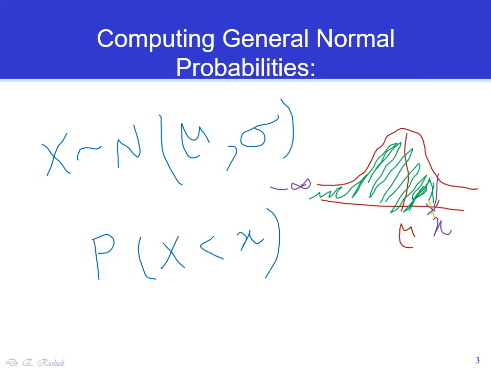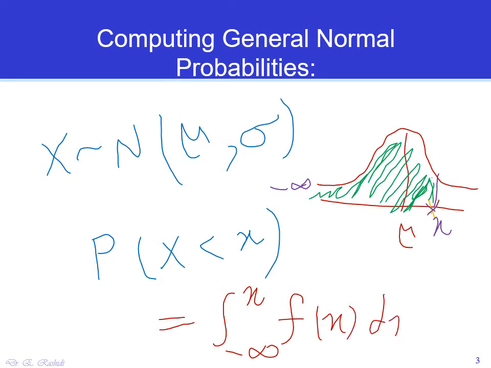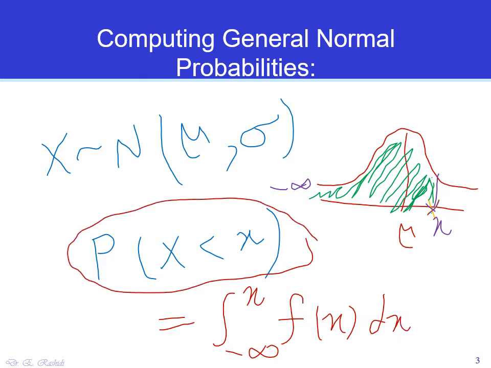The shaded area, colored in green, would be the probability. But how can we find that shaded area? Well, this is equal to the integral from negative infinity to the value x of f of x, the probability density function of the normal distribution, dx. If we solve this integral, that would give us the probability that X is less than a small x.